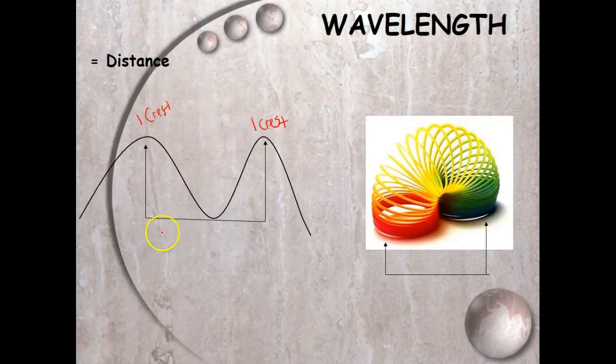So we can say that this is one wavelength, because as the wave travels, it all looks the same. You're not going to have waves that vary, where it's low here and then high up here. Those are more complicated waves. The waves we're talking about follow the same pattern all the way, the same height all the way through. So one wavelength is the measurement from one crest to another.